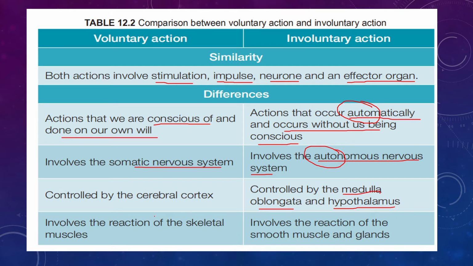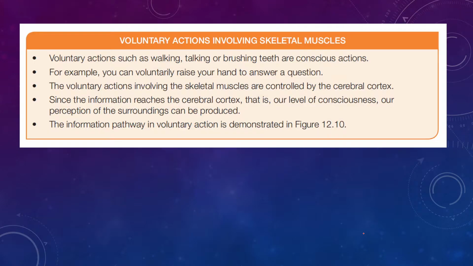Voluntary action involves the reaction of skeletal muscles because we are doing it of our own will and we are conscious of the actions. But involuntary actions involve the reaction of the smooth muscles, of the glands, and even the cardiac muscles.